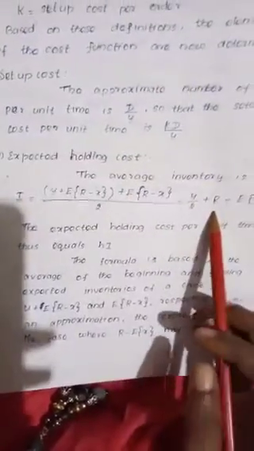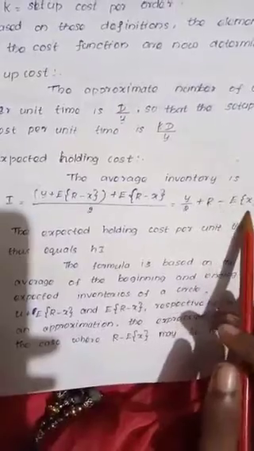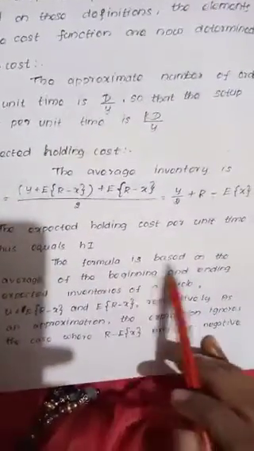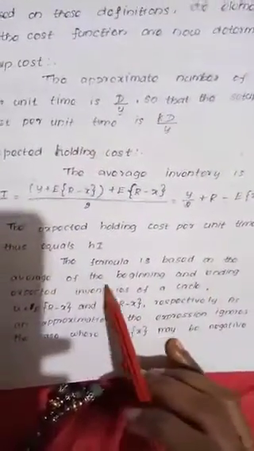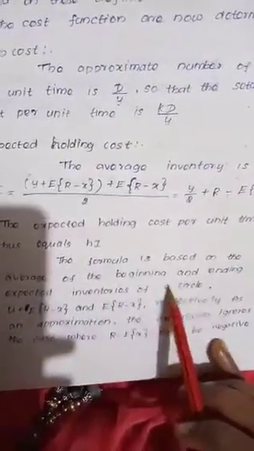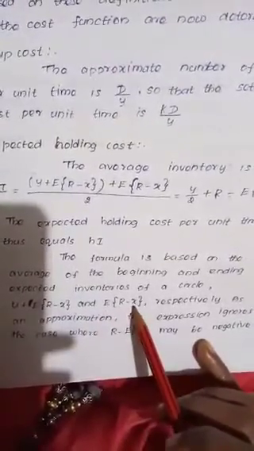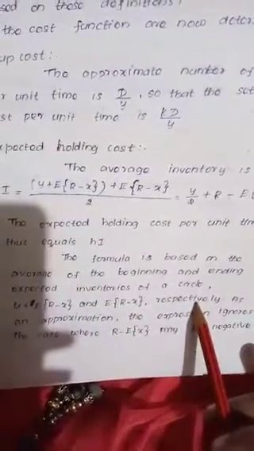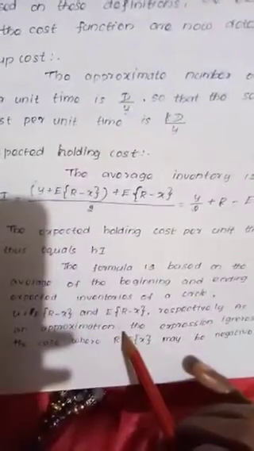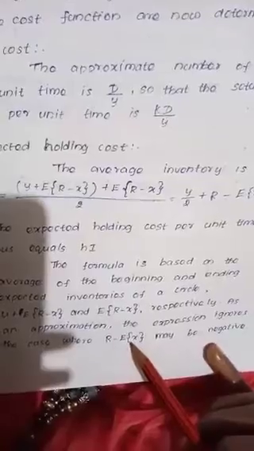Holding cost is equal to h times I, which is h(y/2 + R − E[x]). The expression is based on the average of the beginning and ending expected inventories, y + E[R − x] and E[R − x] respectively. As an approximation, the expression ignores the cost where R − E[x] may be negative.